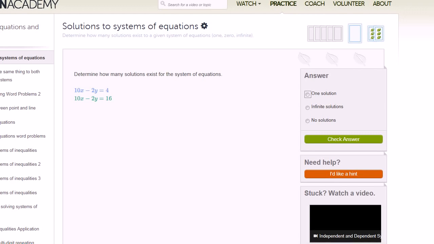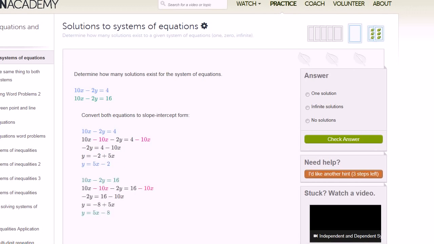Another way to think about it, we have the same number of x's, the same number of y's, but we got a different number on the right-hand side. If you were to simplify this, and we could even look at the hints, you'll see that you're going to end up with the same slope, but different y-intercepts. We convert both to slope-intercept form, and you see the blue one is y is equal to 5x minus 2, and the green one is y is equal to 5x minus 8.